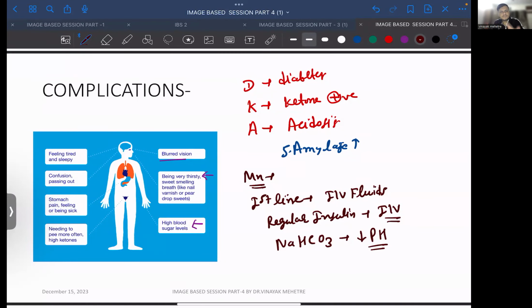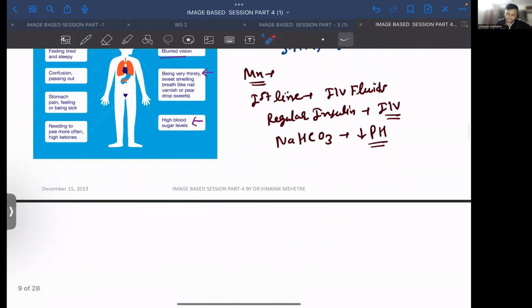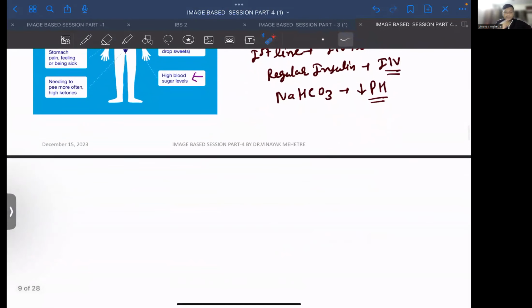Same management will be followed, but there will be no ketone positive. कौन सा होता है? Symptoms almost same होंगे. Okay, symptoms will be almost same. कौन सा disease है? The name of the disease is, complication actually, hyperosmolar coma. Right? Yes.